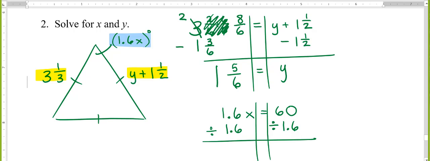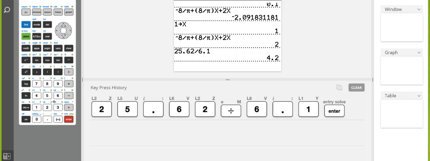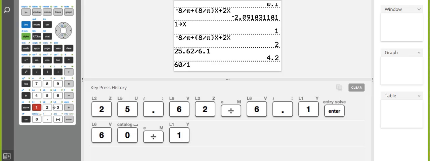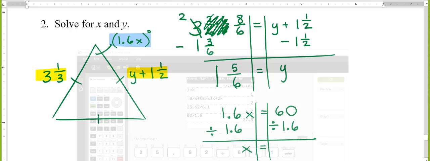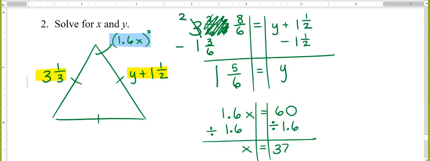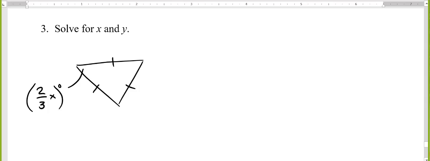And I get x equals, what's 60 divided by 1.6? 37.5. I cheated again. I used a calculator. Last one. And I'm not going to solve for x and y. I'm just going to solve for x.